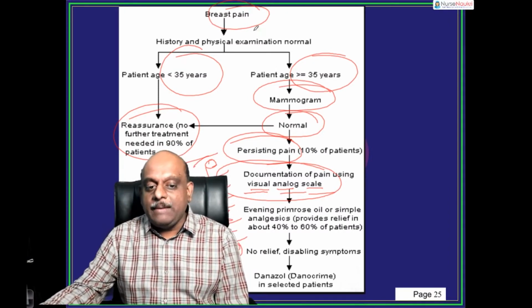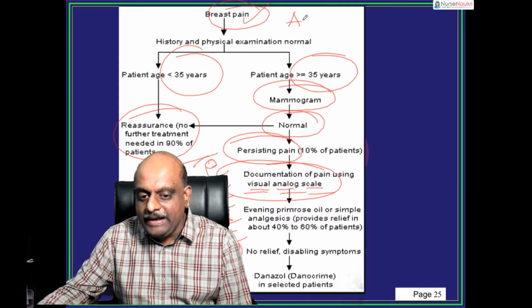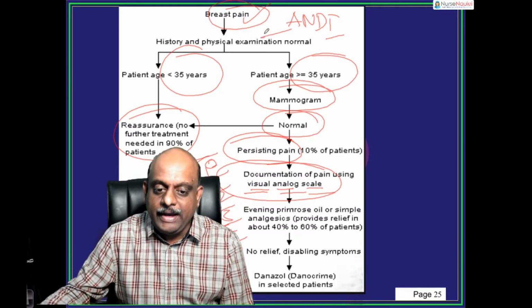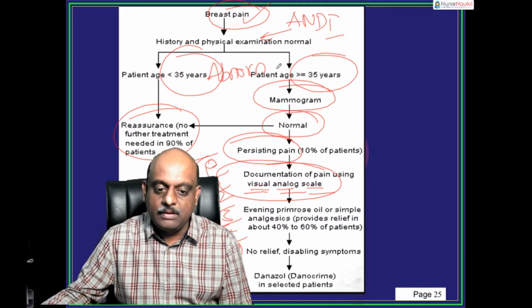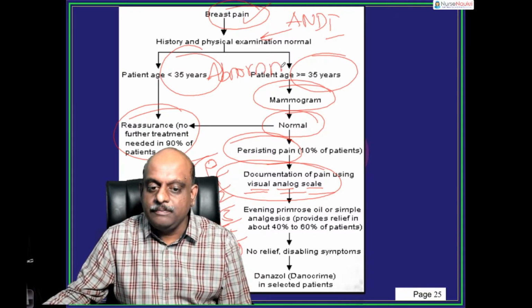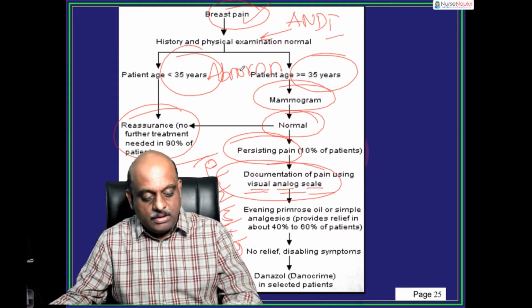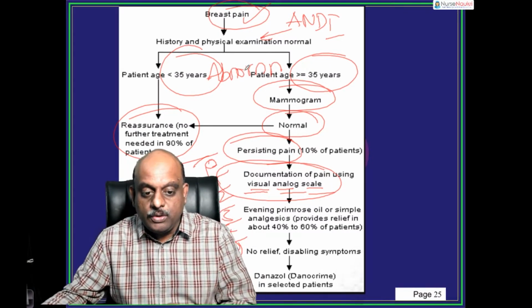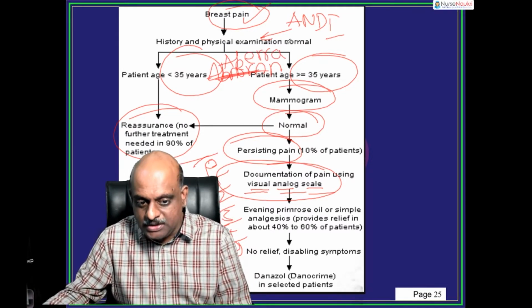Then lot of times the breast pain is because of a condition called ANDI. AND का मतलब क्या होता है? A for abnormal, right? A means, 1 minute. So A means aberrations, not abnormal, aberrations.